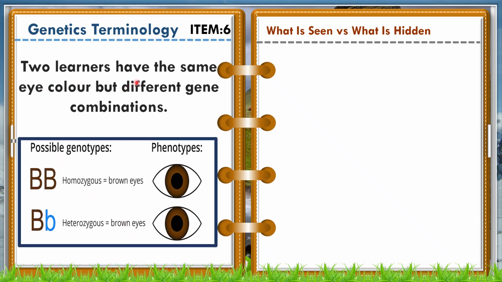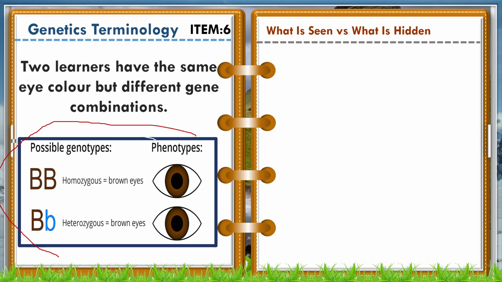Two learners have the same eye color but different gene combinations.